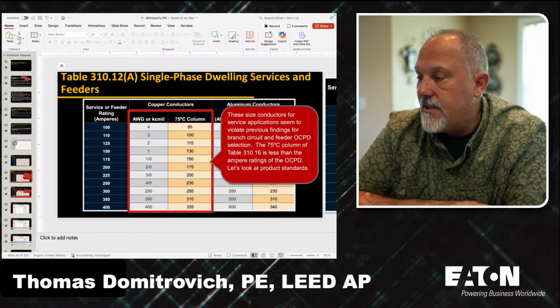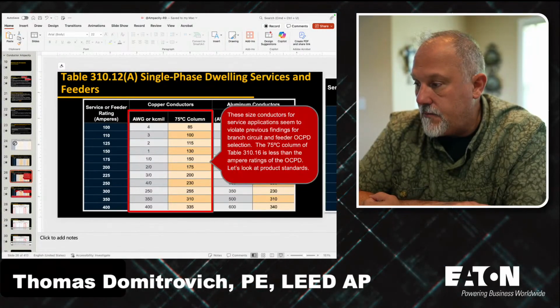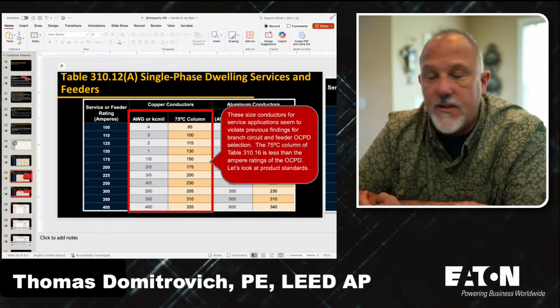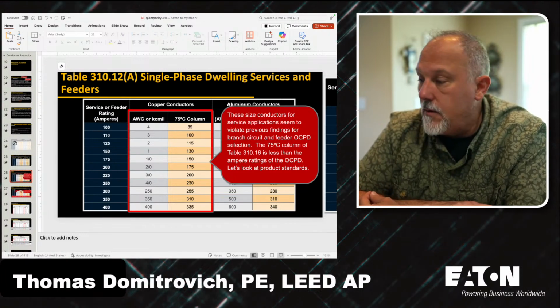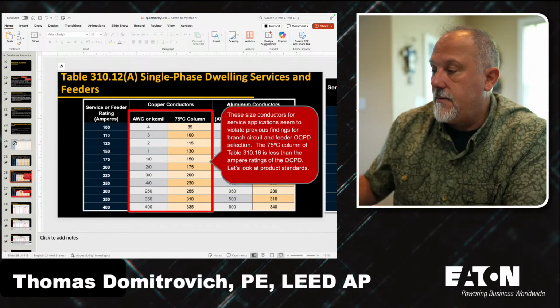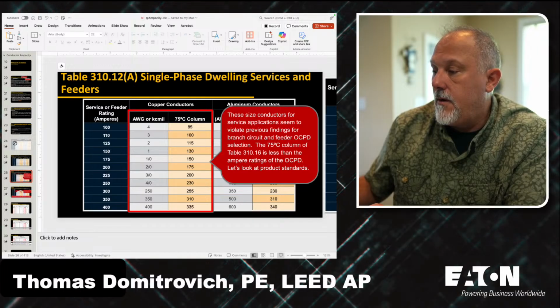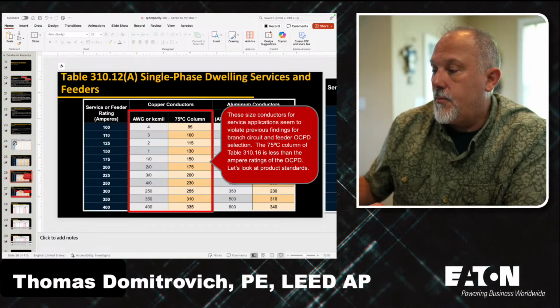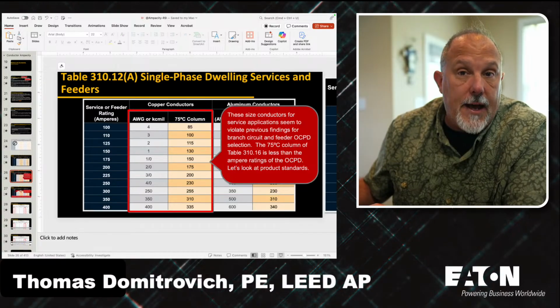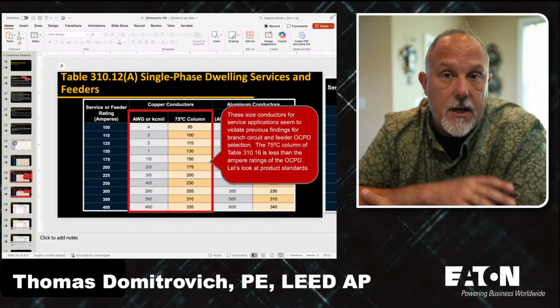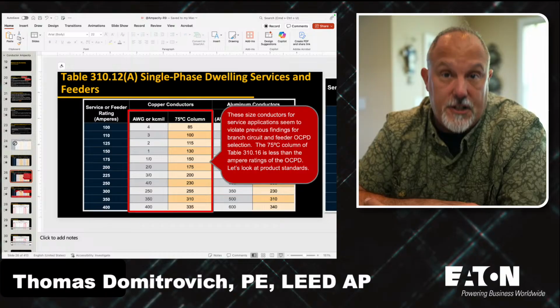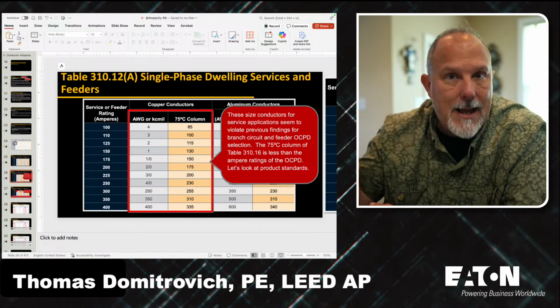So if I have a 175 amp circuit breaker protecting a 1-aught conductor, I can't do that based upon what we just talked about in the last 4 sessions, right? But I'm allowed to do it here.